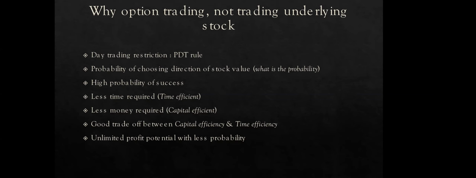Second thing, the probability of choosing the direction of a stock's value. What do you guys think? If you buy Microsoft stock at $150 today, what is the probability that tomorrow the price will be more than 150? 50%, right? Yeah, 50%.